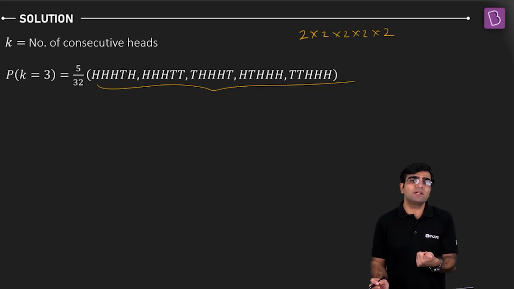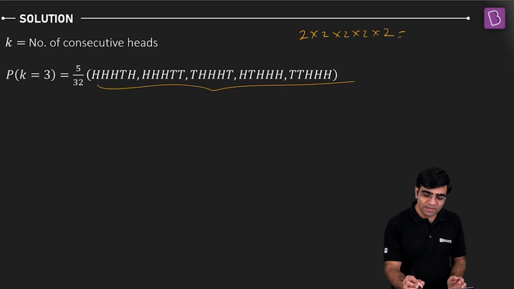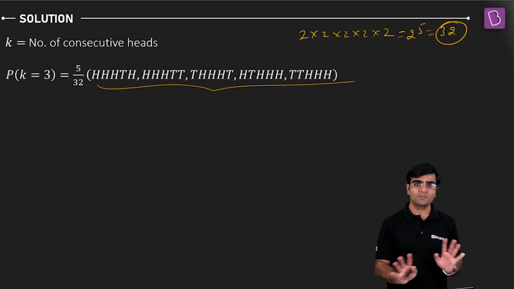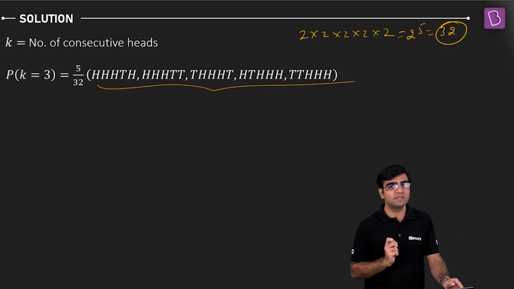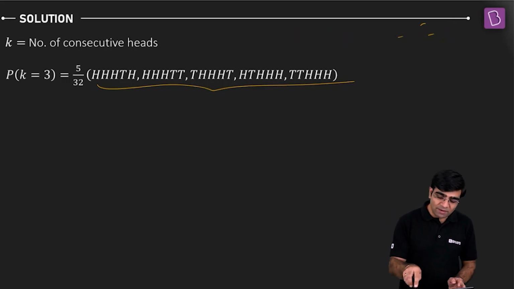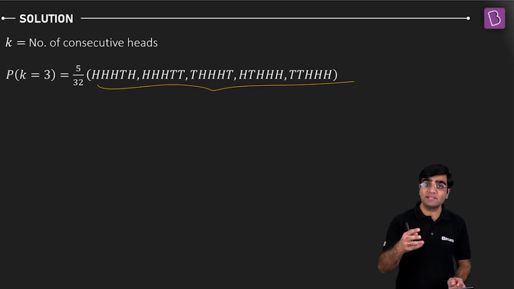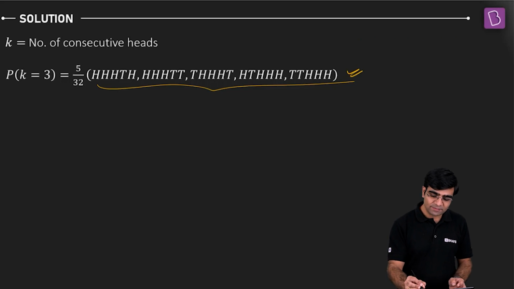Every time I make a toss, it gives me either heads or tails, similarly 5 times. So 2 into 2, 5 times, that is 2 raised to 5, which is 32. So my sample space becomes 32. Understood? So the total number of observations is 32.